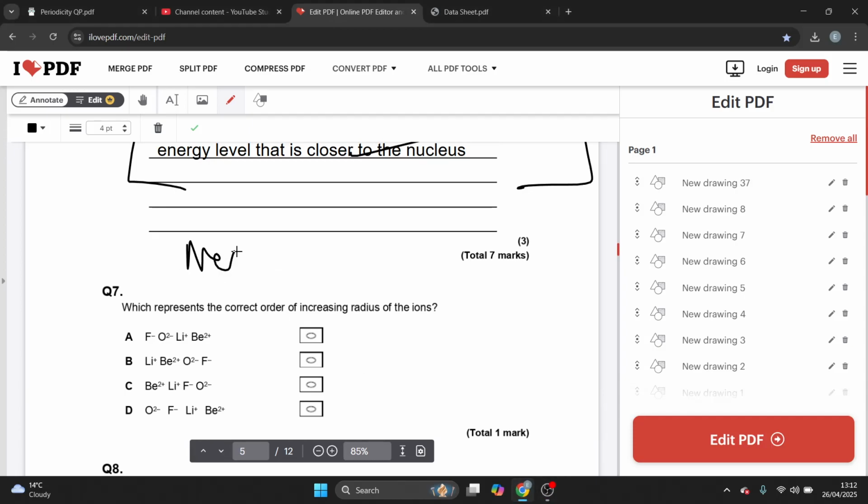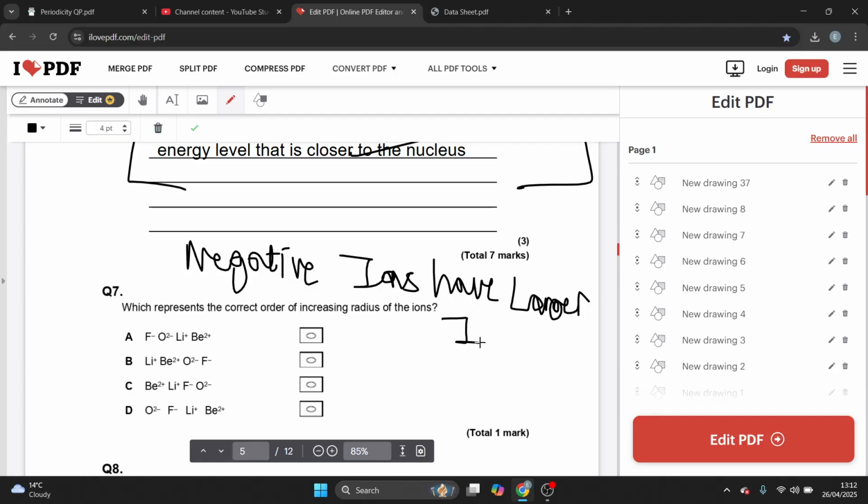The idea that negative ions have a larger ionic radius than positive ions.